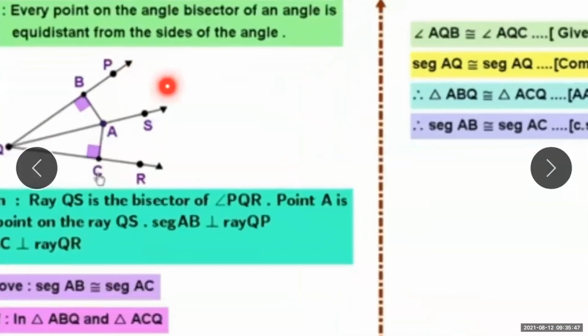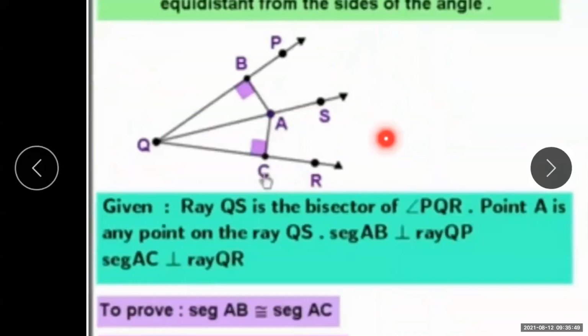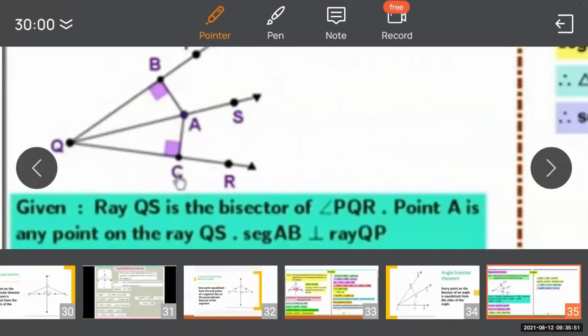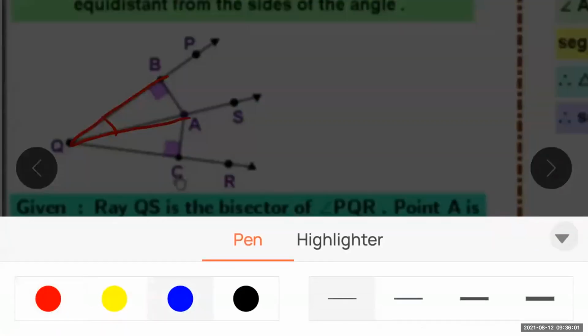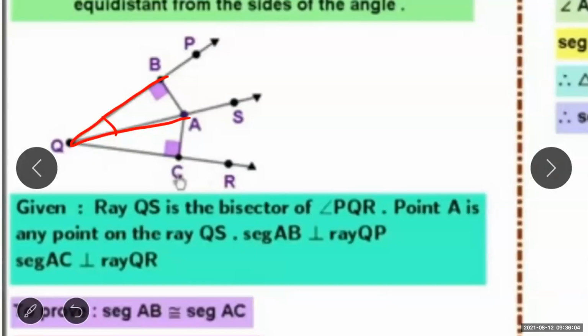Now see the angles AQB, that means angle AQB is congruent to angle AQC, that one.